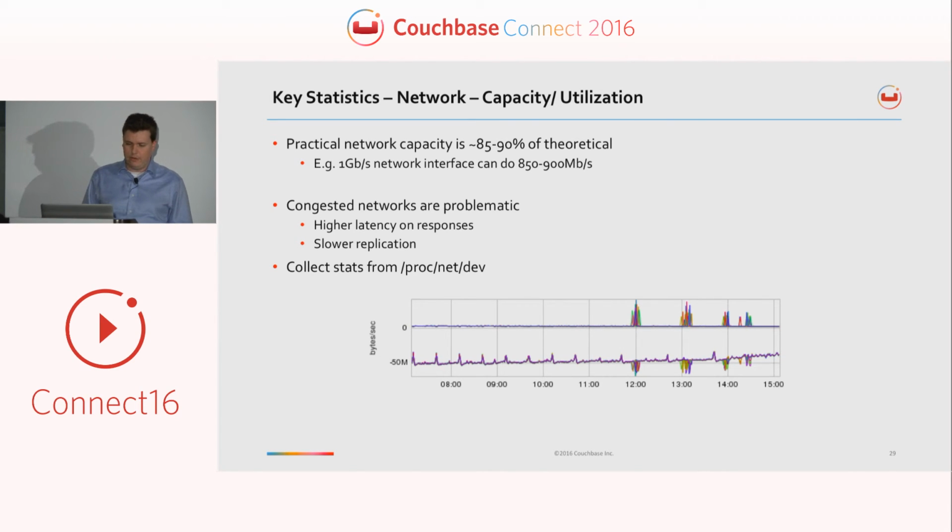Here's a graph of one of our Couchbase clusters at LinkedIn. The incoming traffic is fairly low, but we are doing 50 megabytes out of the interface. The way we do this is we collect the statistics from /proc/net/dev every minute and then emit that into our metrics system.